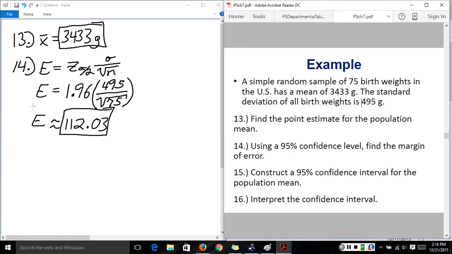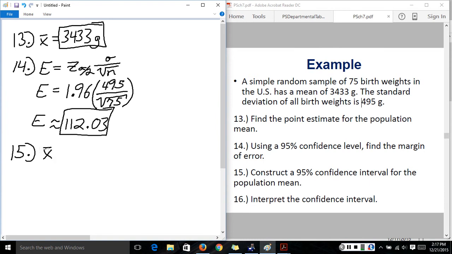Number 15 says to combine and make a 95% confidence interval. All right, to make a confidence interval, for the lower bound, we take x bar and subtract off the margin of error. For the upper bound, we take x bar and add the margin of error. We already know x bar and the margin of error. We just substitute those in.